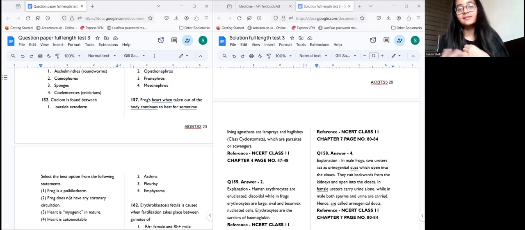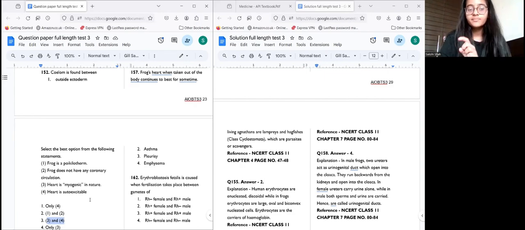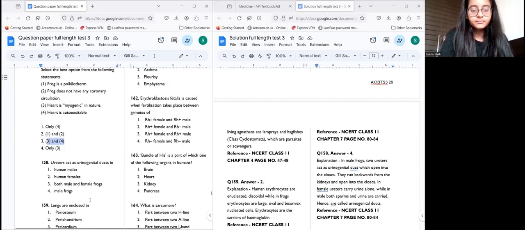So they can themselves generate the heartbeat, automatically control the regulation and the rhythm of the heart, and continue the generation of the heartbeat, right? So that is why the heart is myogenic in nature, because the wave of contraction for the heartbeat is initiated from the muscle itself, making it auto-excited.